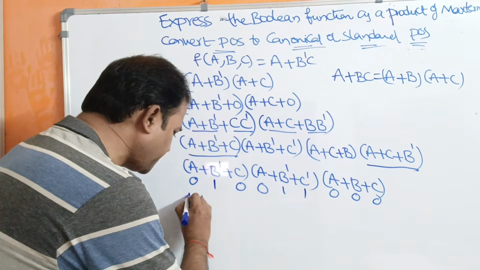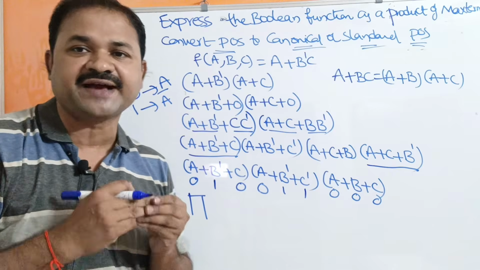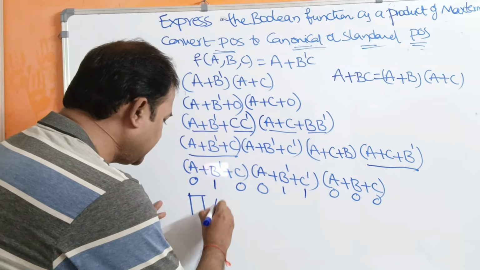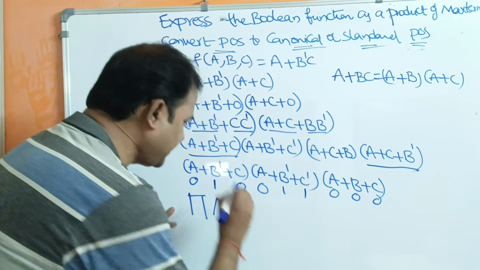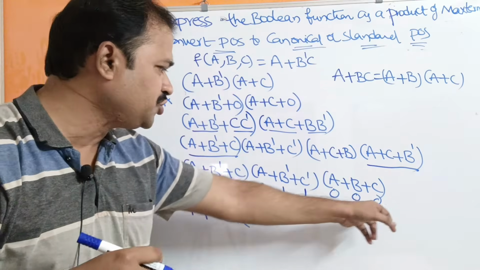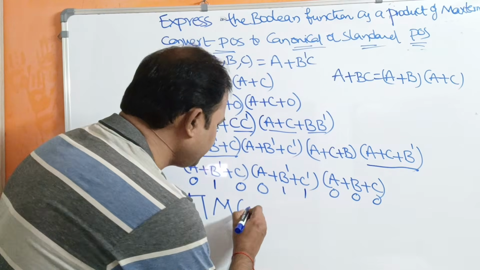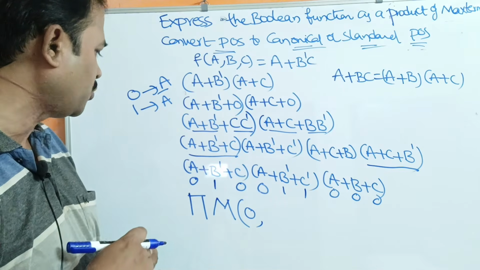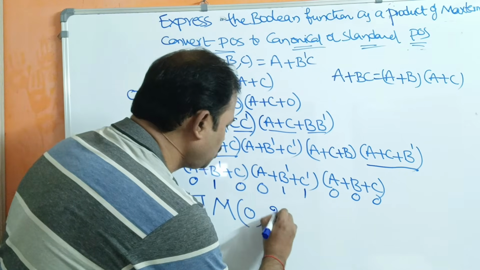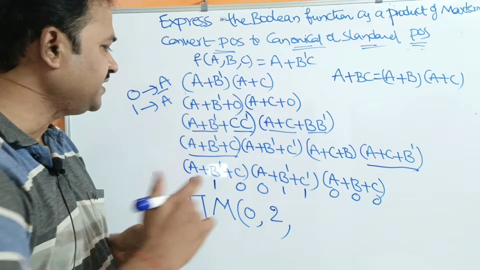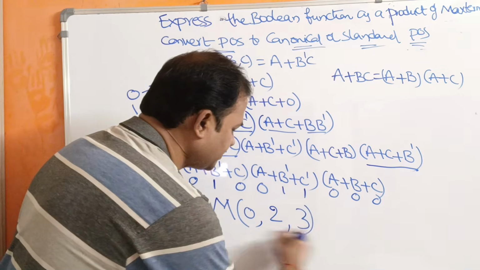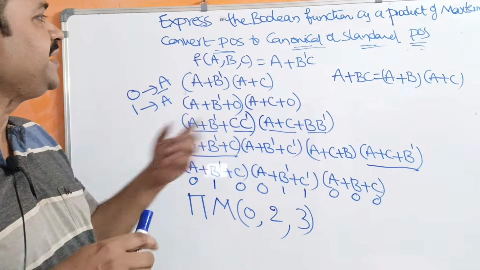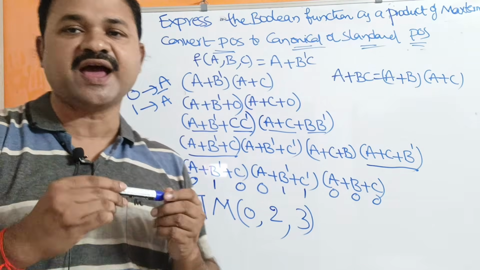Pi specifies product. We know that max term is represented with the help of capital M. So pi M of 0, 0, 0. 000 in decimal notation is 0. Next 0, 1, 0 in decimal notation is 2. 0, 1, 1 in decimal notation is 3. So this is the corresponding canonical or standard POS.